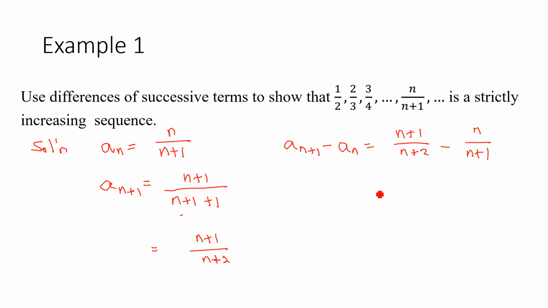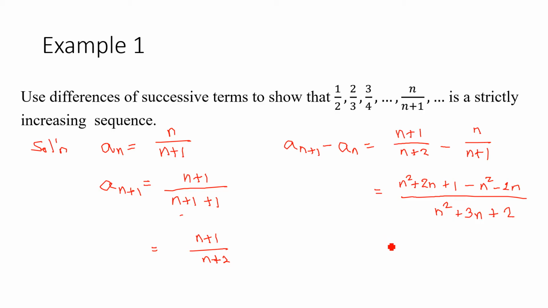In this case, we have n squared plus 2n plus 1 minus n squared minus 2n, all over the product of the denominators, which is n squared plus 3n plus 2.